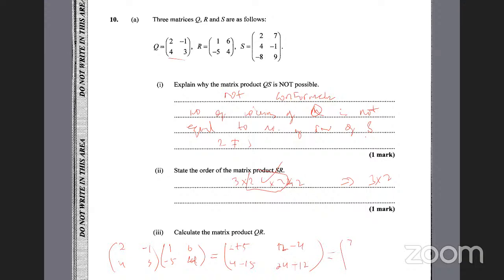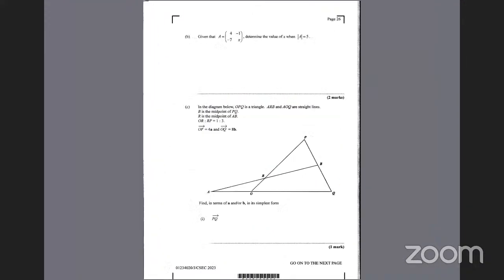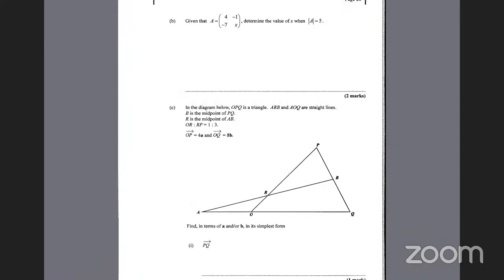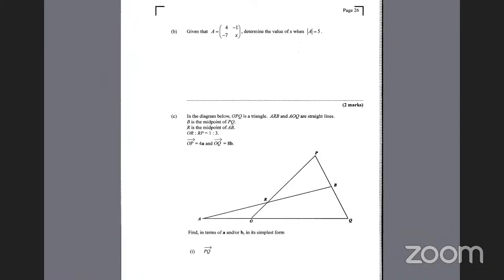So that's 7, 8, minus 11, 36. All right. You could always check back. When I'm done with the whole thing, I'll check back my working just to make sure I haven't made any small mistakes.